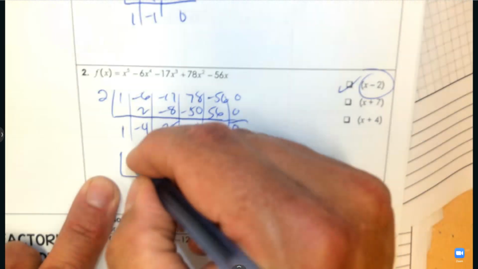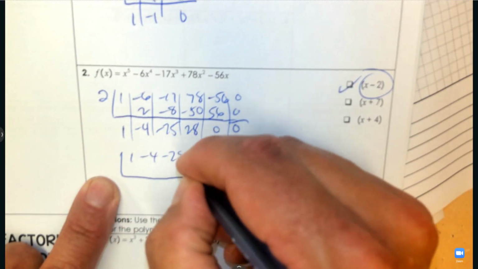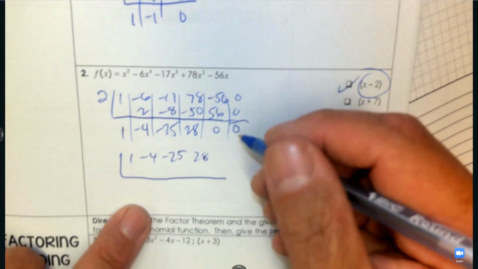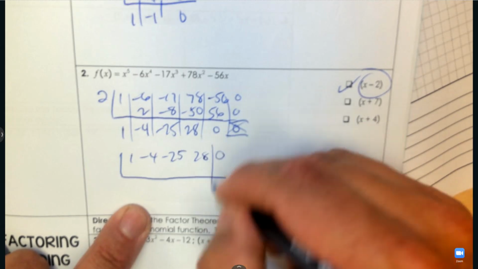Let me see if this gives me the remainder of 0. And it does. And then I'm just going to use the answer without the remainder.